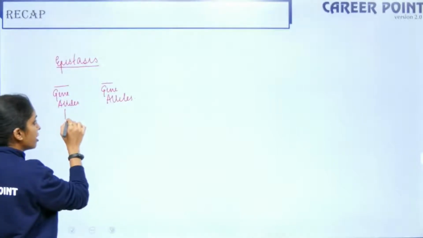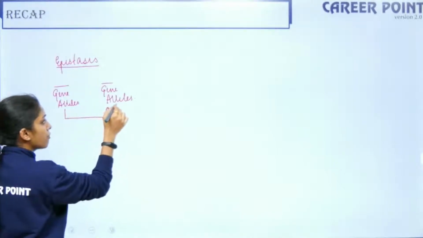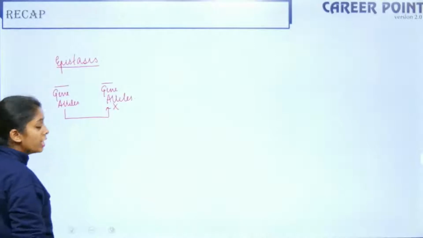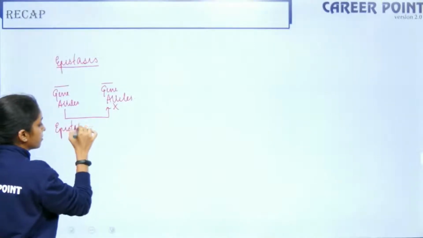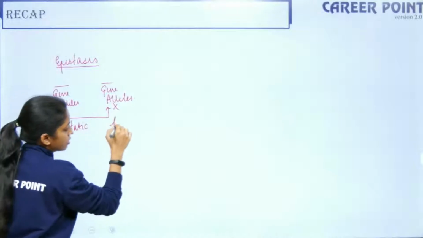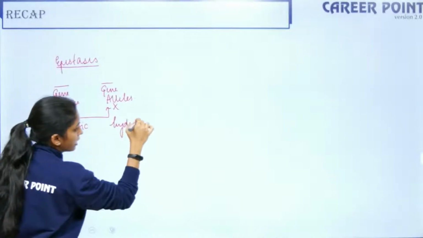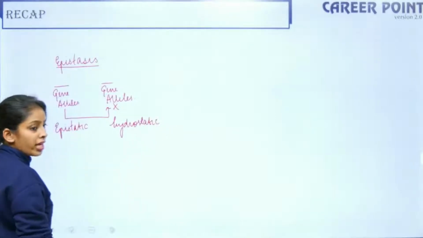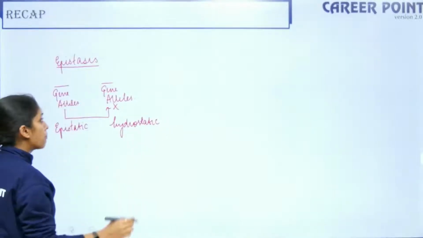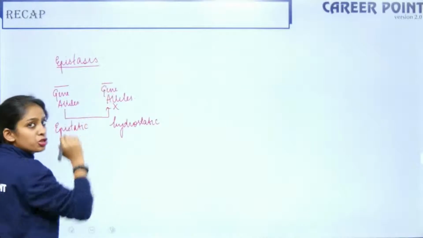Suppose if this gene masks the genotype or phenotype of this gene, then this is known as epistatic and this is known as hypostatic. Epistasis happens between 2 different genes.